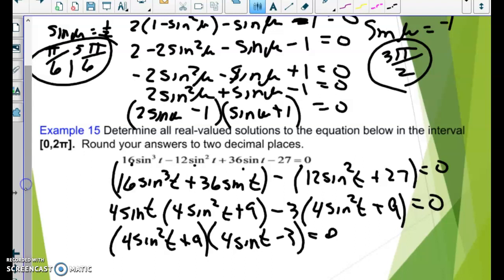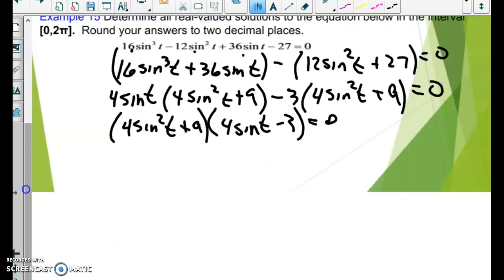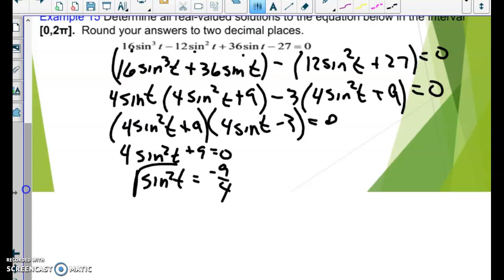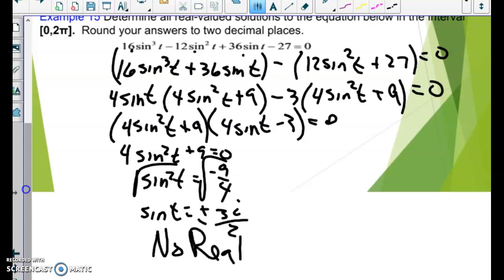And if I do a little bit of solving here, set this equal to 0, I get sine squared t is equal to negative 9/4, square root, and I get the sine of t is equal to plus or minus 3i over 2, and those are imaginary, so I get no reals in that.